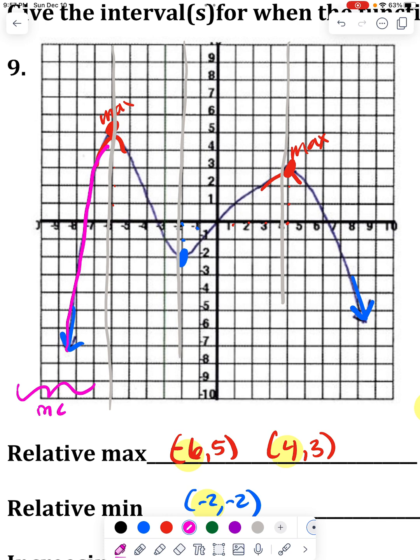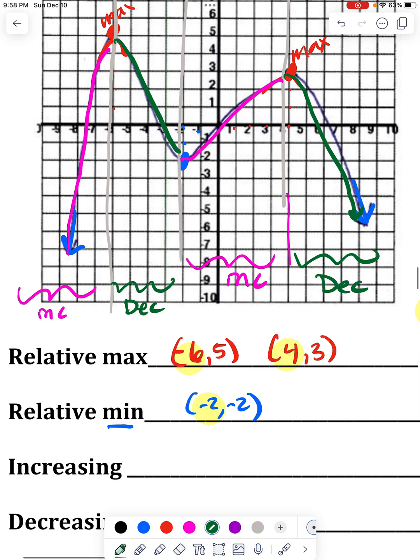And then in this next area, it's coming down. So from here to here, it's decreasing. Then from here to here, it's going back up. So in this region, it's increasing. And then from that maximum on out, it's going down. So from here on out, it's decreasing. So we have 2 areas of increase and 2 intervals of decrease. We're only going to be using these x coordinates to describe those areas.